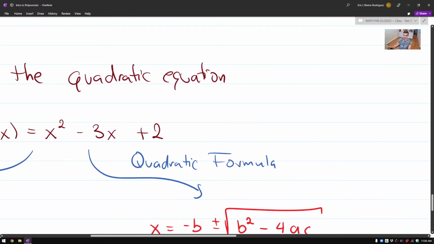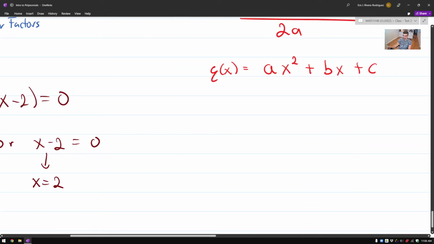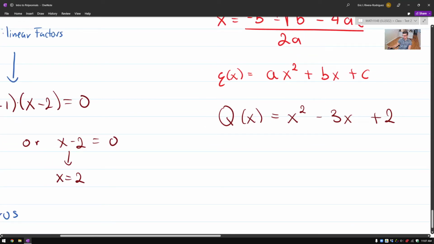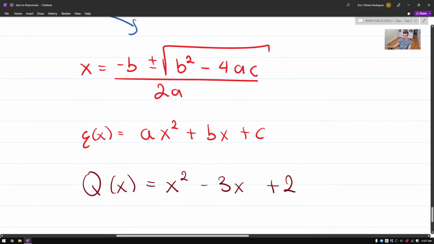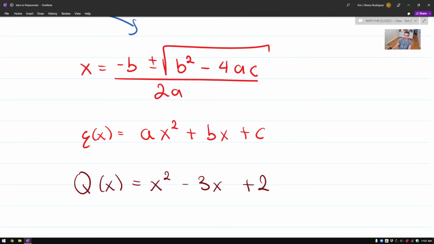Let's compare this with what we have here. So let's identify the value of a, the value of b, and the value of c.